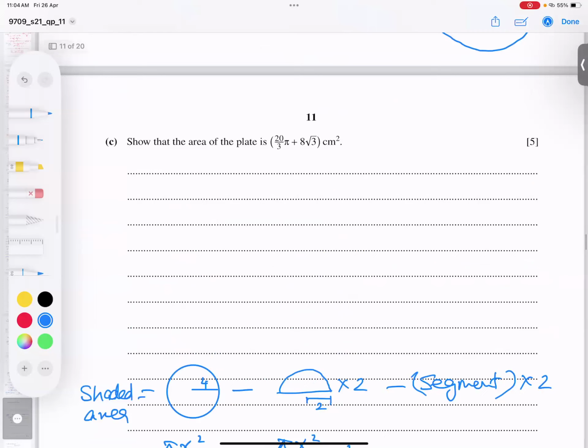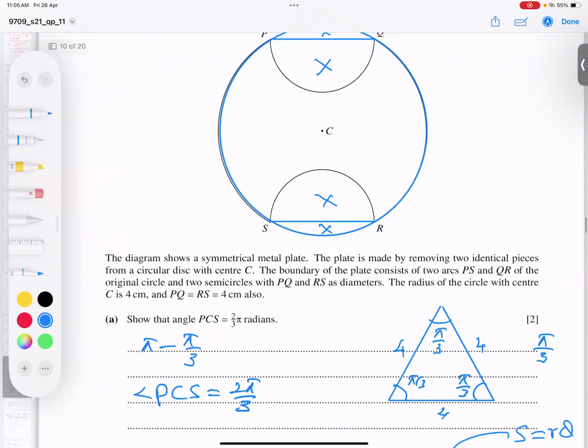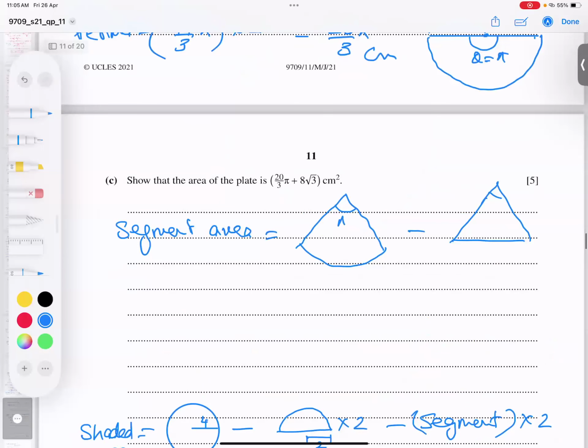What is segment, students? I show you the segment area formula. Segment area. From sector, subtract triangle, I get this lower portion. This is called segment. First of all, I have to work out what is the angle. Do you know, students? This actually sector is this. So angle is pi by 3 and radius is 4.